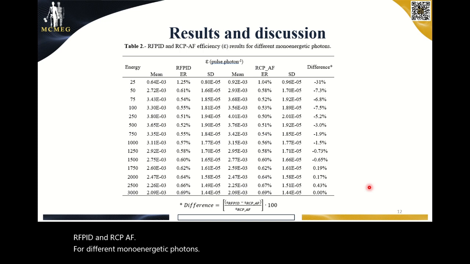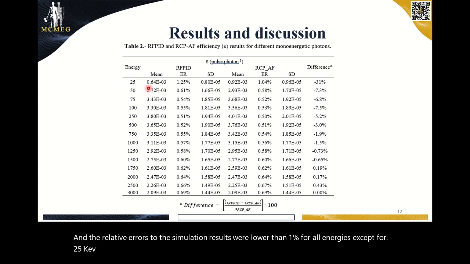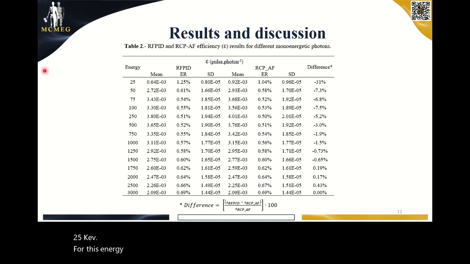And the relative errors between the simulation results were lower than 1% for all energies, except for 25 keV. For this energy, the relative error was inferior to 1.5%.